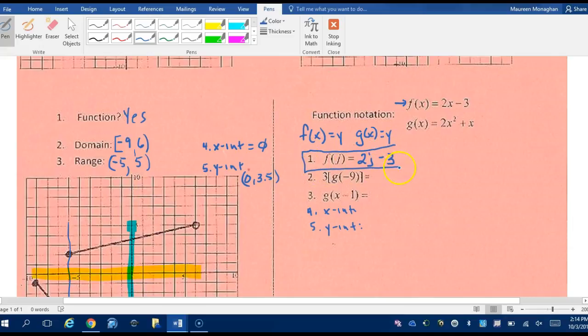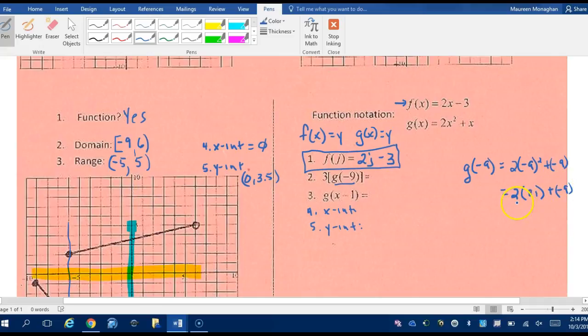That's it. Okay? Number 2, we're going to first find g of negative 9, and then we're going to multiply it times 3. So let's find g of negative 9 by putting a negative 9 in for x. So 2 times (-9) squared, I'm going to do that out, which is 81, plus a negative 9. Notice how I use parentheses.